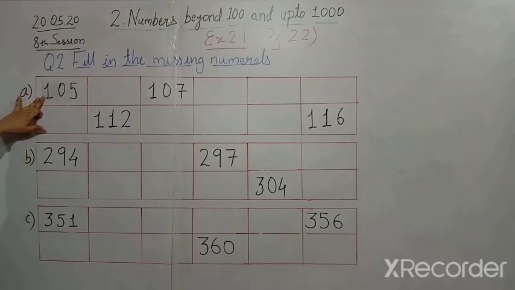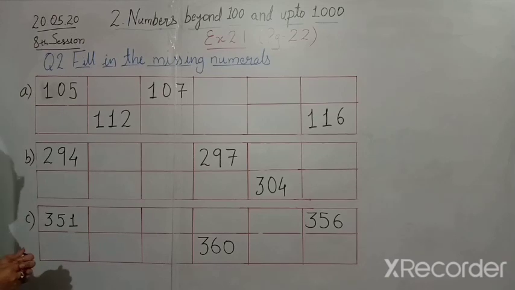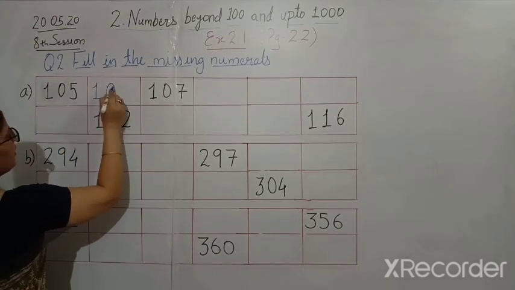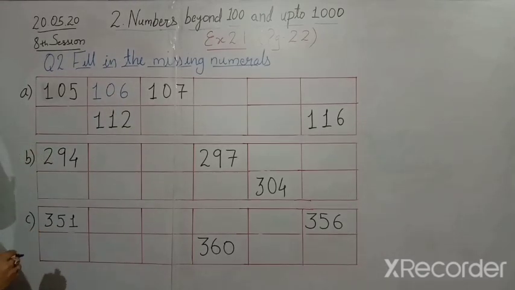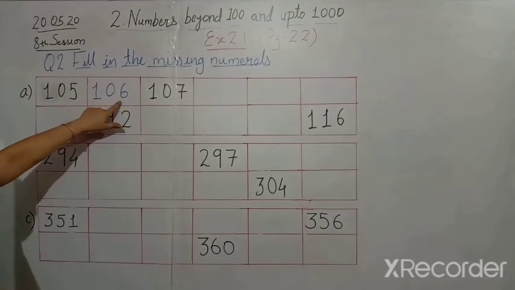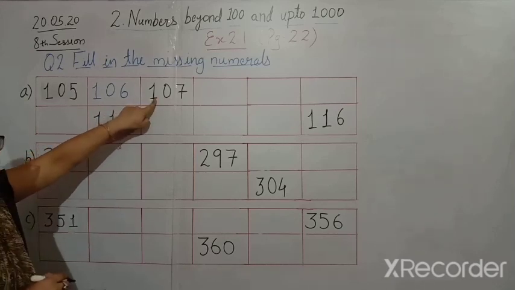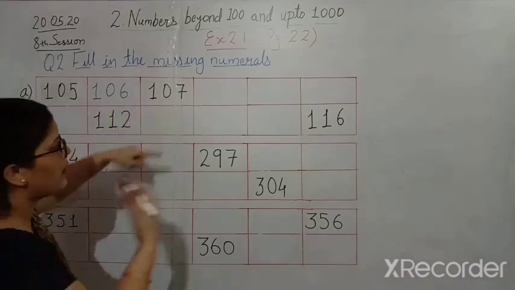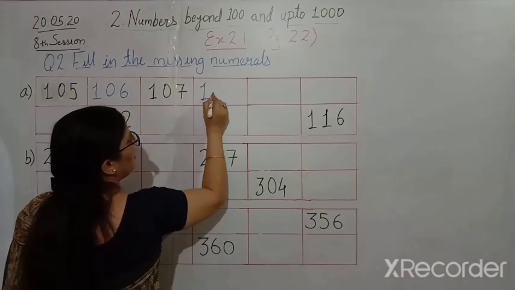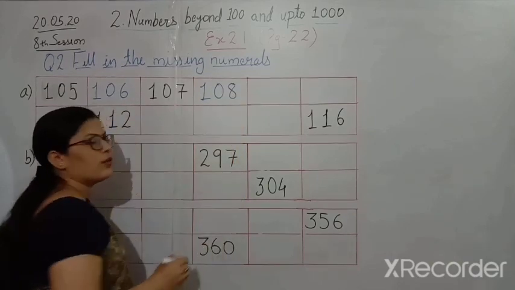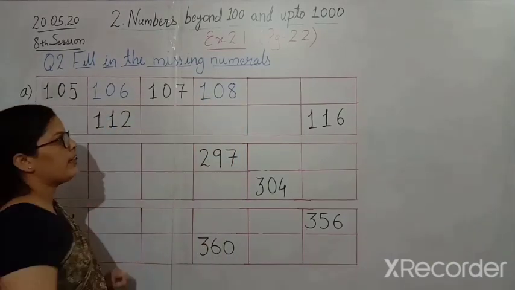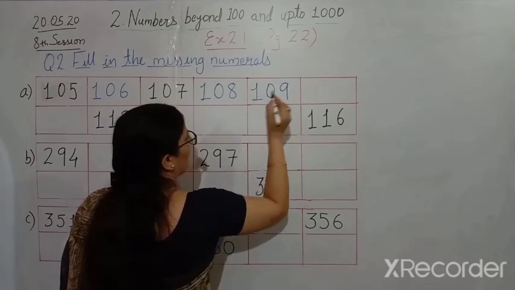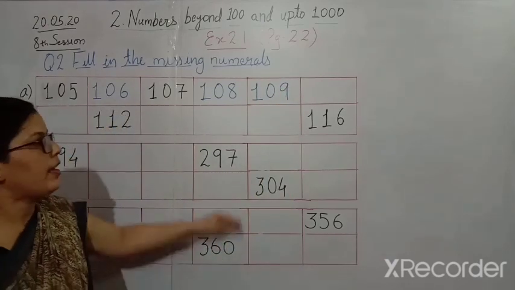105. Now what will come after 105? It will be 106. Now what is given? 107. After 105, 106, 107. Now the next number will be 108. Now the next number, 109.